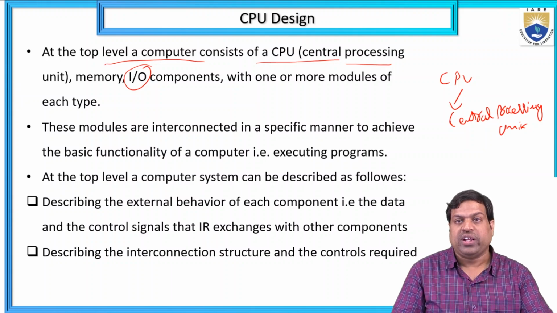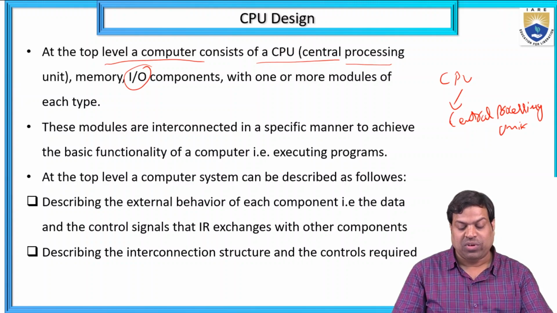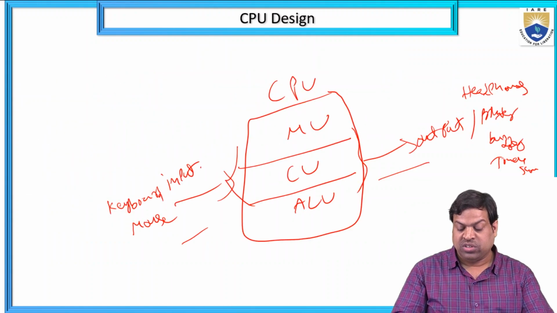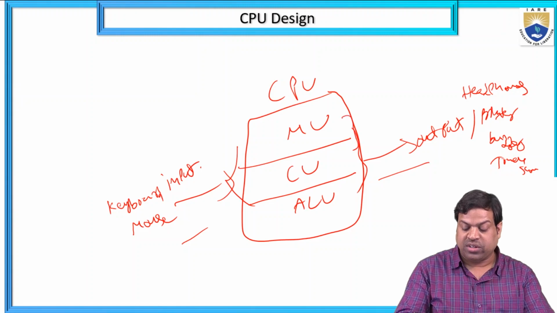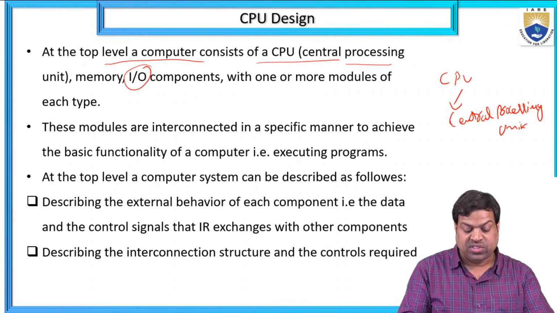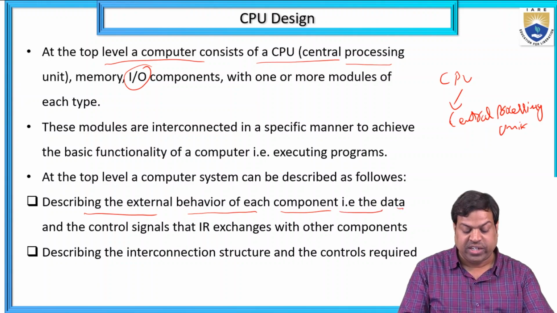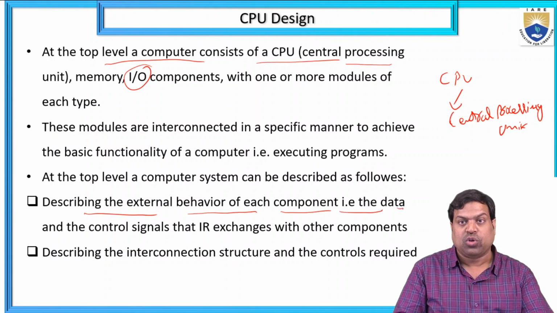These modules are interconnected in a specific manner to achieve the basic functionality of a computer, that is executing programs. The top level of a computer system can be described as follows. So these are the interconnections: the memory unit, control unit and ALU. These are the interconnections of the ALU of the CPU, describing the external behavior of each component, that is the data and the control signals that IAR exchanges with other components.